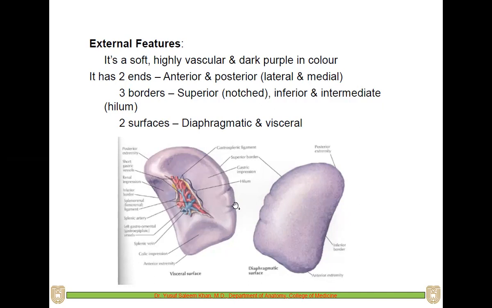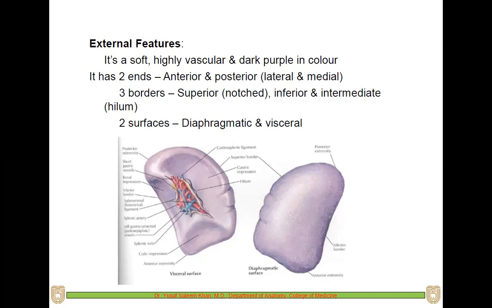So the superior border will have notches, and then there is the inferior, and the intermediate border. If you see here, this is called the inferior border, and this will be called the intermediate border. So this is the superior border, this is the inferior border, and here will be the intermediate border.